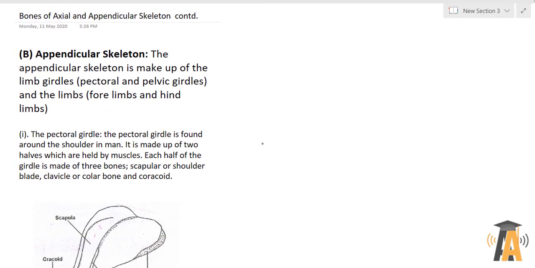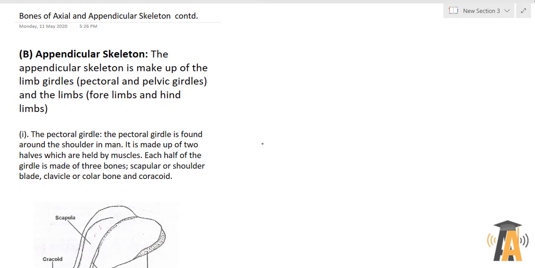Now we'll be looking at the second part of the skeleton. We said it is made of axial skeleton and appendicular skeleton. So here we'll be looking at the appendicular skeleton. Now the appendicular skeleton is made up of the limb girdles.